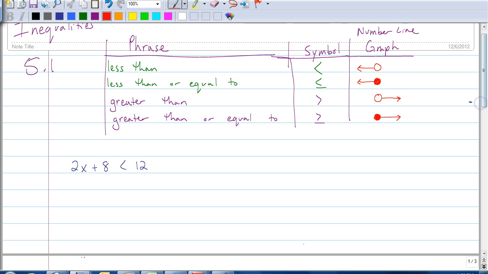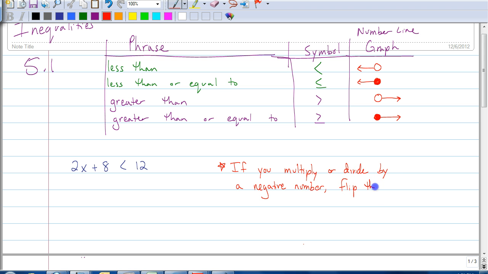So let's look at something more tangible with this inequality. Now here's the deal with solving inequalities. The process is the exact same as solving an equation. Here's the only difference. When we solve an inequality, if we ever multiply or divide by a negative number, we need to do something really important.